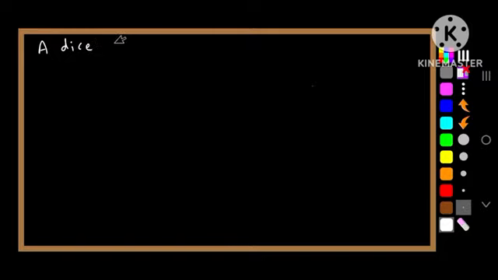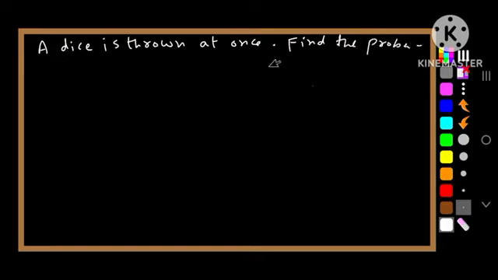A dice is thrown at once. Find the probability of getting an even prime number.